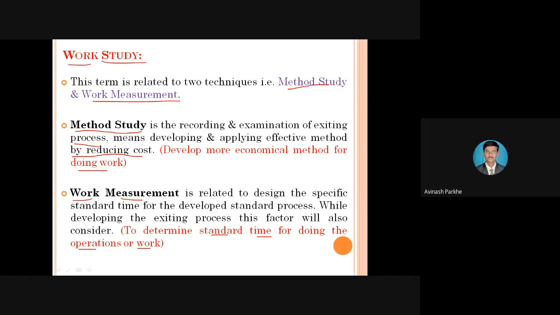Therefore the work study concept is further divided into two types: method study, means eliminate the unnecessary operations, and work measurement, means to eliminate the ineffective time or to calculate the standard time required to perform the operations. So this is the basic difference between method study and work measurement.